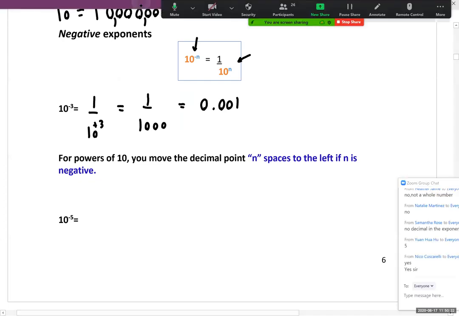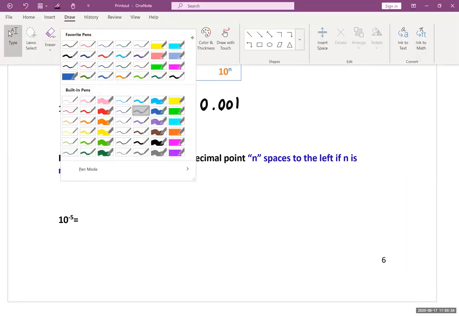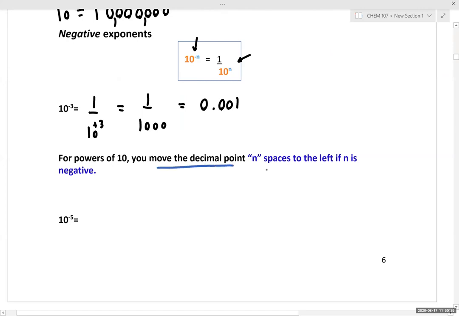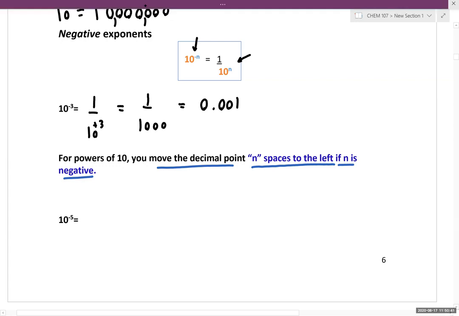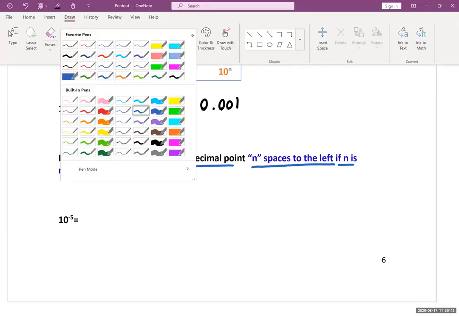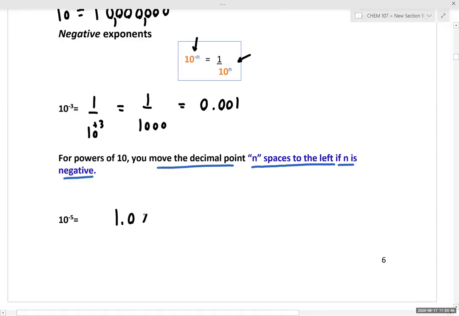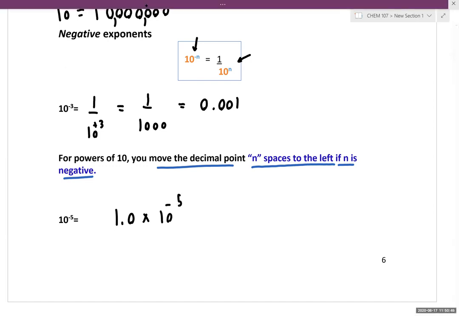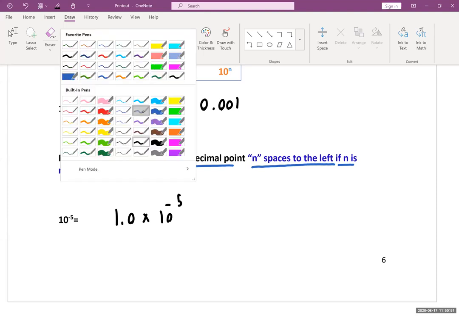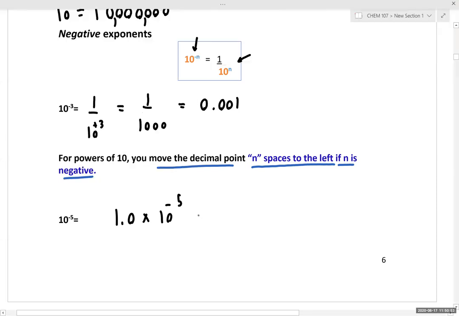When you're multiplying by a negative power of 10, you move the decimal point n spaces to the left if n is negative. So for example, 10 to the negative 5th, I'm going to write as 1.0 times 10 to the negative 5th. And now I'm going to move my decimal point to the left 5 times.